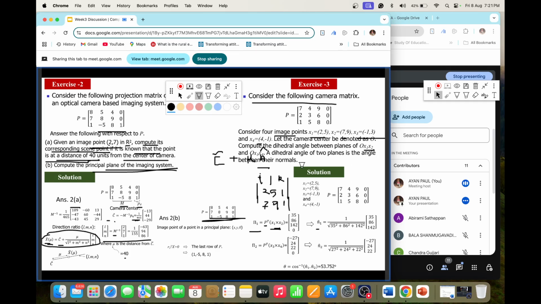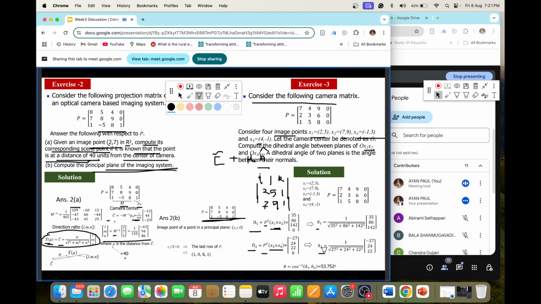Similarly, to get a plane from these 2 points x3, x4, first we will form a line between x3 and x4 by simply taking the cross product x3 cross x4, and then whenever we multiply it by the projection matrix, we will get a plane pi 2. And then we can take the det of it and we can get the direction of it.